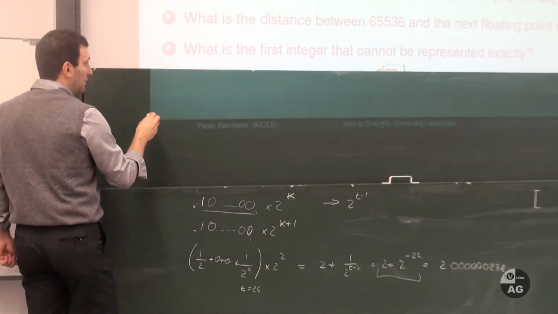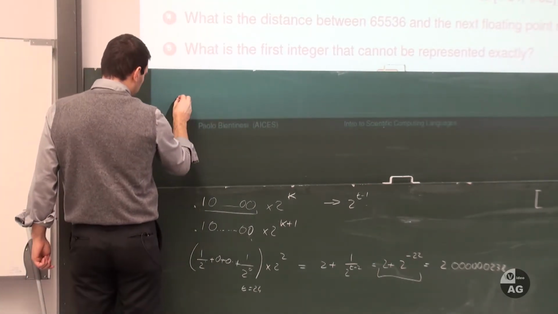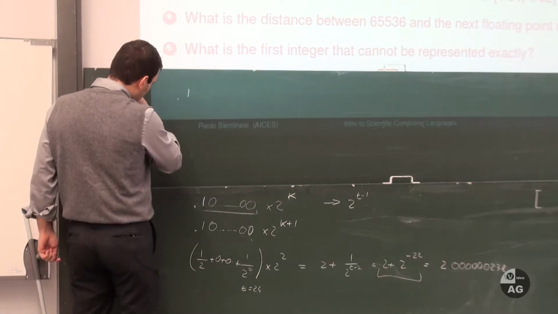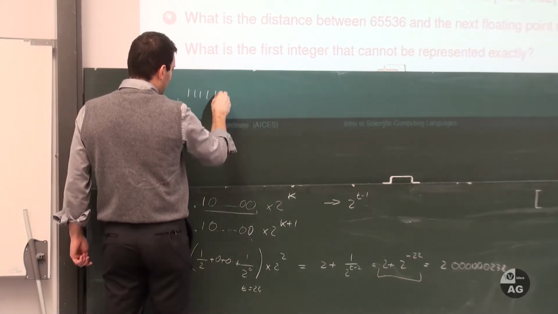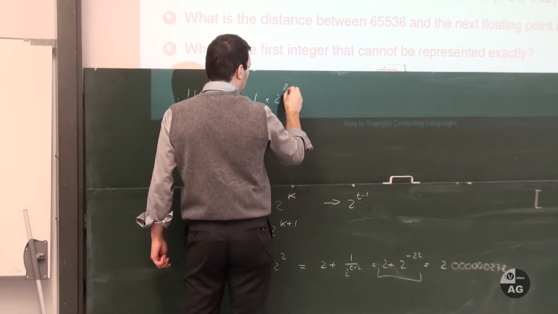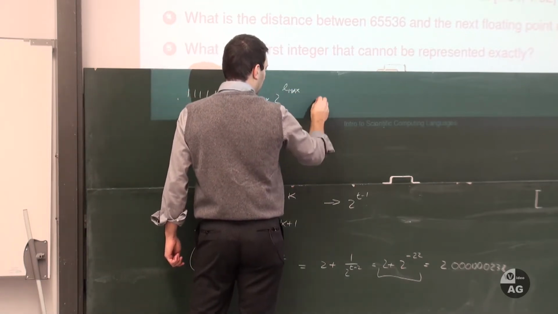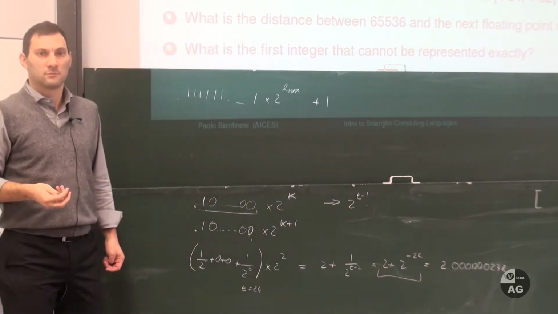Many people said that the largest integer is 0.1 times 2 to the e max plus 1. Yeah?